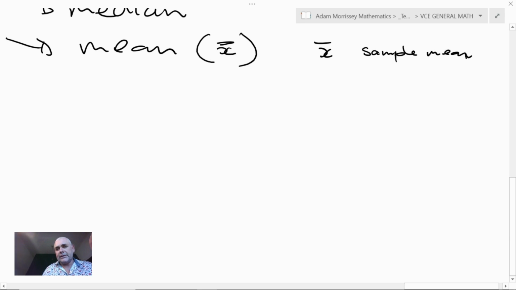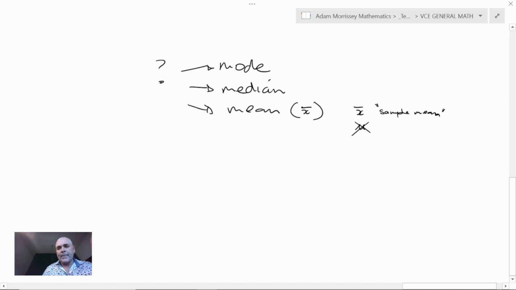Because often what we do in statistics is we don't sample the entire population. If we did that, we'd use a different symbol here. But the work that you're dealing with, and what you see on your calculator screen when you need to get the value of the mean, is this X bar, okay?